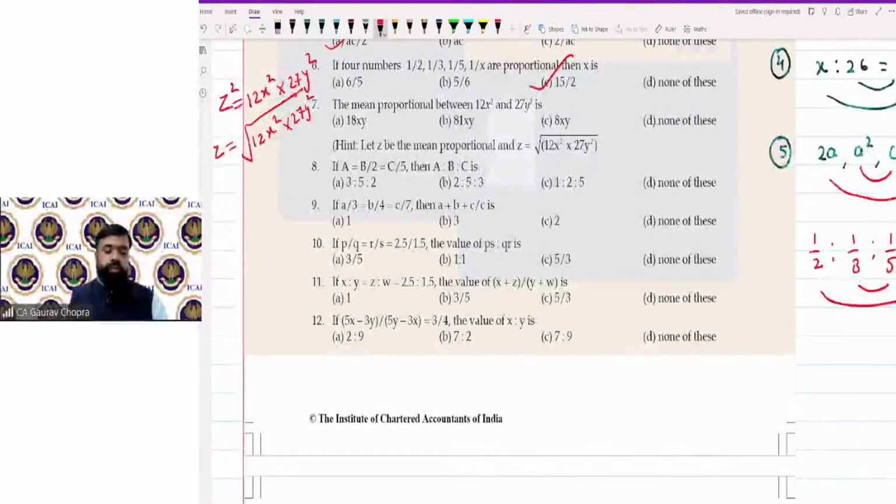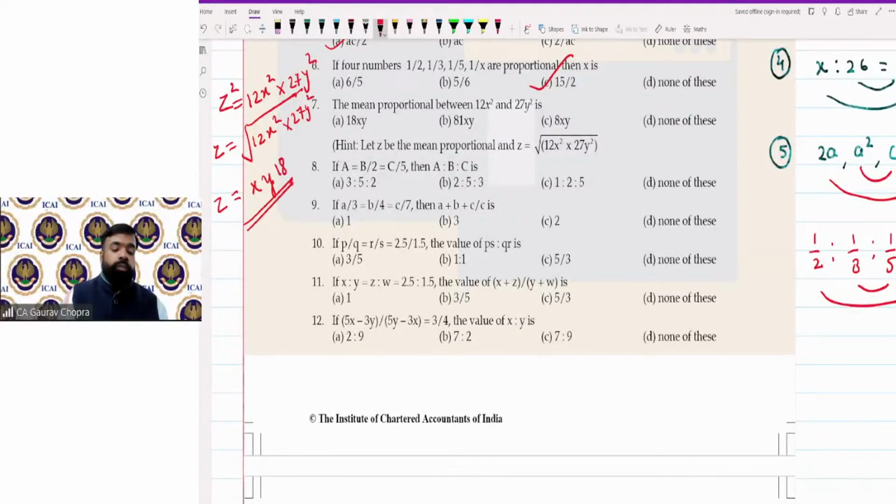So what will be the simplification? X square will become X, Y square root will become Y, and 12 into 27 is 324, which is the square root of 18.